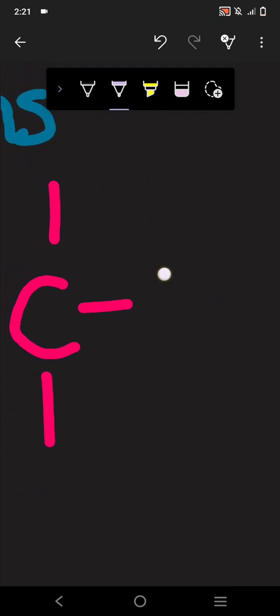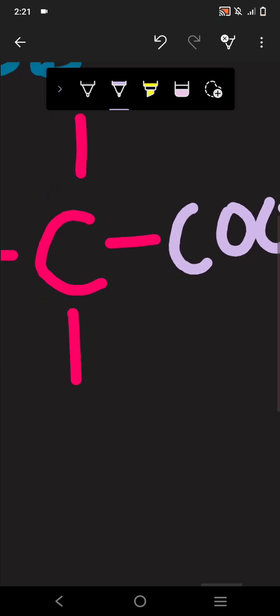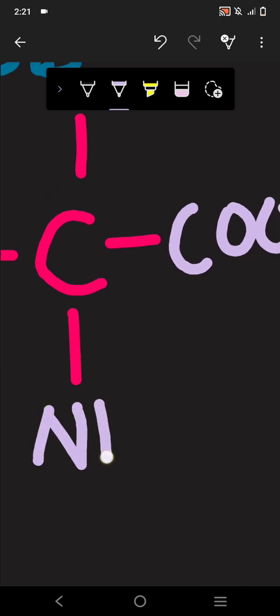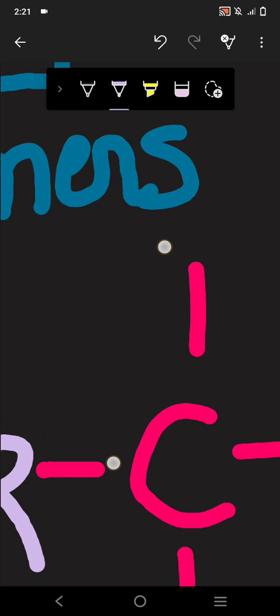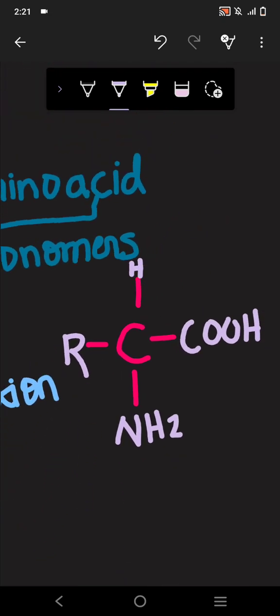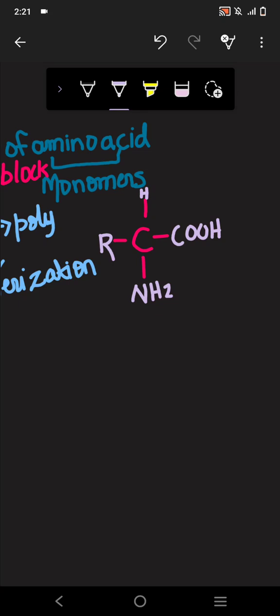As I told you, it carries a carboxylic group, a basic amino group NH2, an alkyl radical, also known as the alkyl group R, and one hydrogen. This is the basic structural formula of the amino acid.